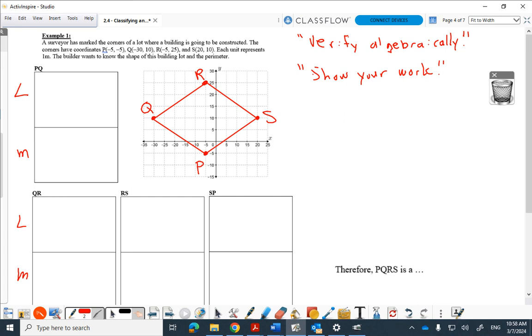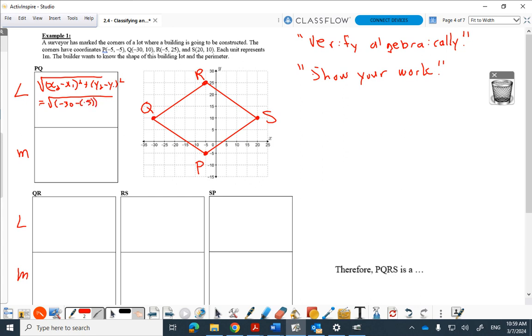Length of PQ. Square root of x2 minus x1 squared plus y2 minus y1 squared. Okay, what am I doing? PQ. -30 minus -5. Oh, there's no way there's enough room in here.